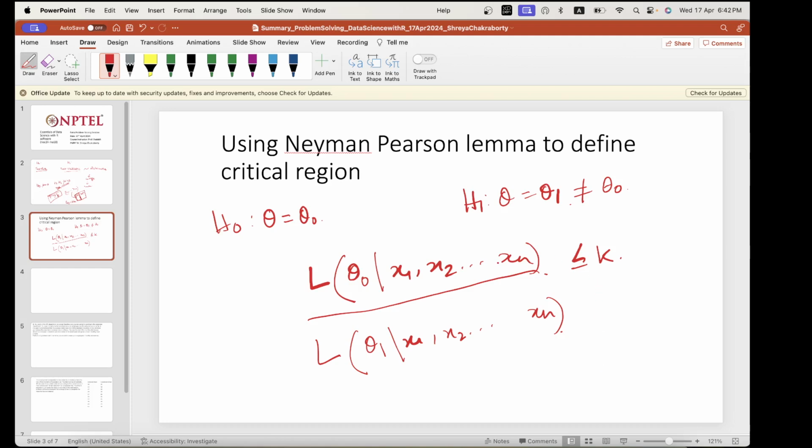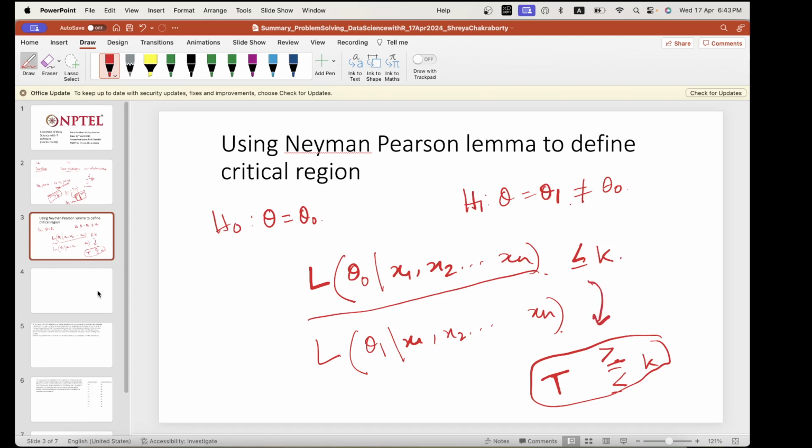And then from here, we are going to formulate whether the test statistic that we have in our hand should be greater than, equal to, or less than this k. So we are going to derive from here to here.